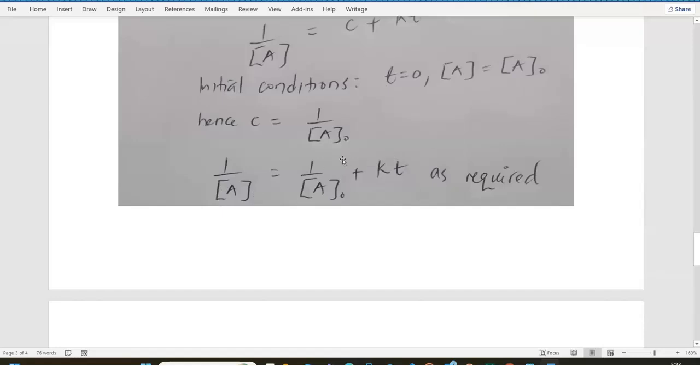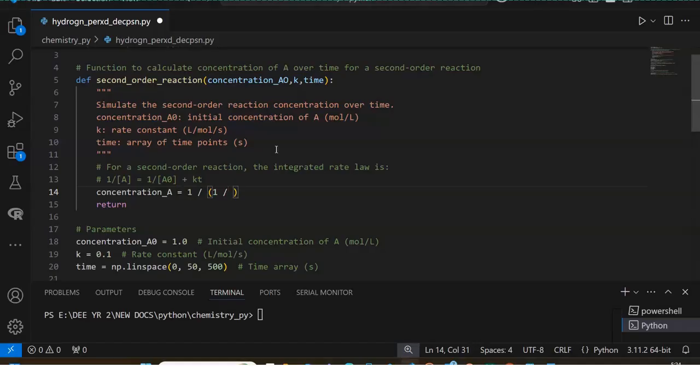So the concentration of A will be on this other side, and 1 will be divided by the whole of this. So this is going to be 1 divided by, 1 divided by the concentration of A at t equals 0, then we are adding there our k times time.